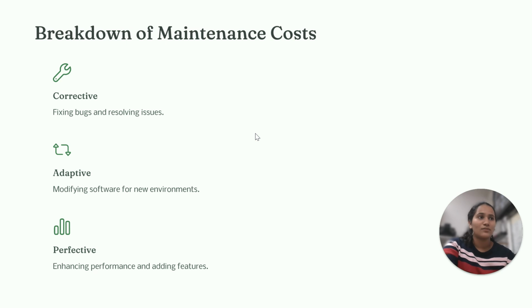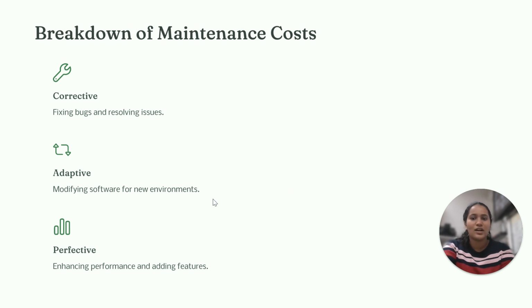Then, what is adaptive cost? Adaptive maintenance is the process of adapting the software to an ever-changing external environment. Certain changes may pertain to the operating system, hardware upgrades, and changes in the regulatory environment.